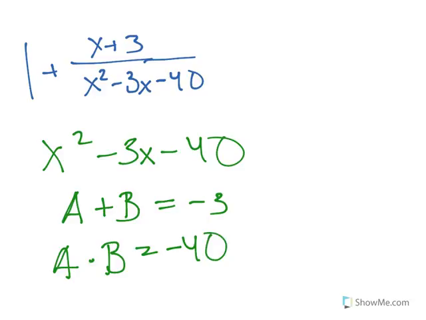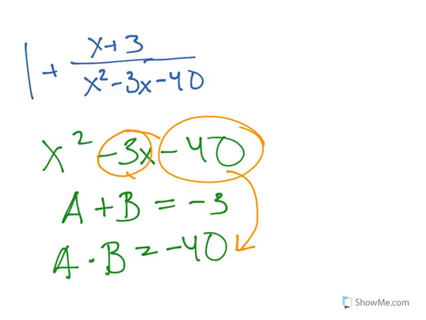Remember that this is our constant term, and this is our coefficient of the linear component of just x. So let's list the factors of negative 40. Since negative 3 is negative, we want the greatest factor to be a negative.